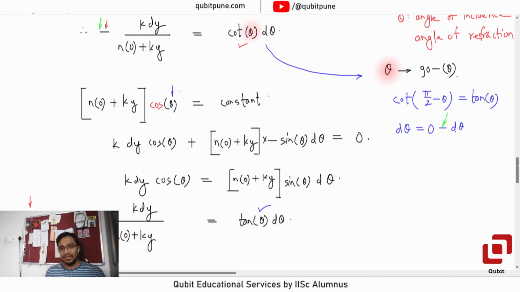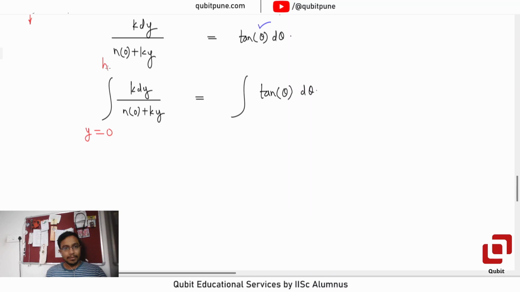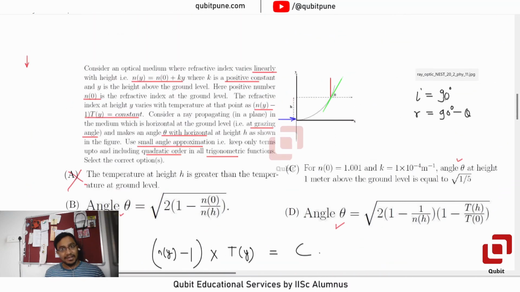Alright, so this is a differential equation in the variable separable form, and now our job is to integrate this. How are we going to integrate it? It's better to keep it in the definite integral form. So here we will write y equal to 0 to y equal to h. Now look, angle of incidence is 90 degrees.